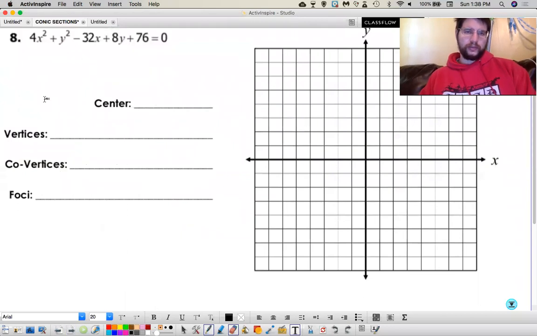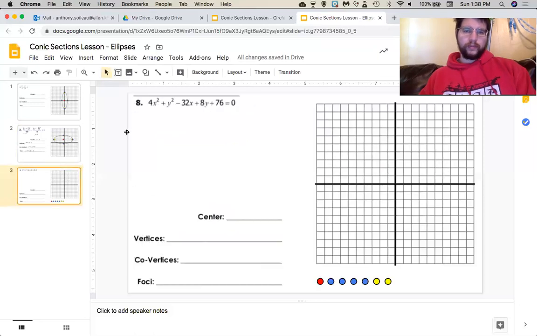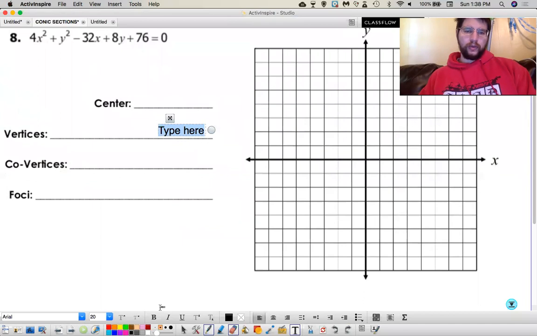Now we're on to this one. And as you can see, it's not even close to standard form, so we're going to have to do completing the squares again. I don't need to see your work, but I am going to do some work over here on my quote-unquote paper. Get that out of the way.